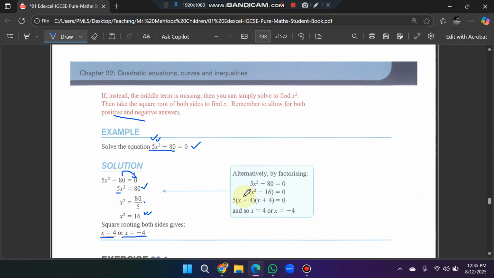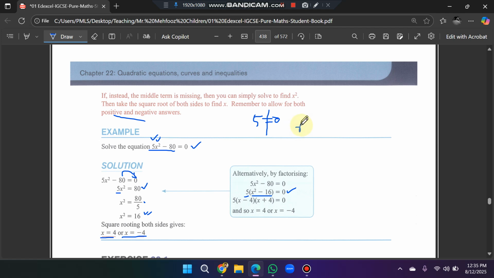So here also we have two numbers which are multiplied to each other and their answer is equal to 0. So it means that either the first number is equal to 0 or the second number is equal to 0. The first number is 5. Can 5 be equal to 0 or not? No, 5 cannot be equal to 0.